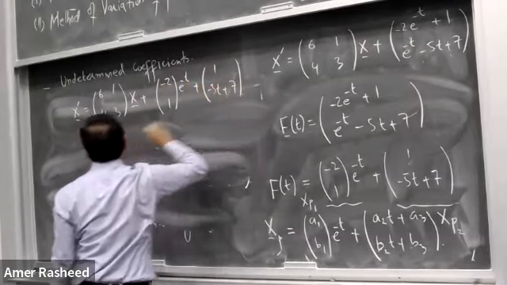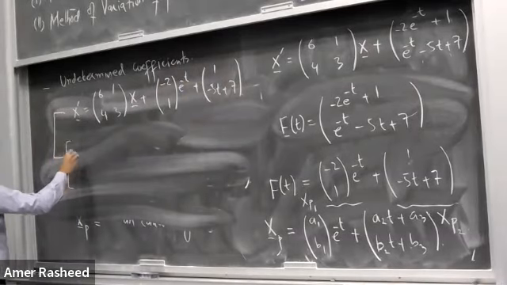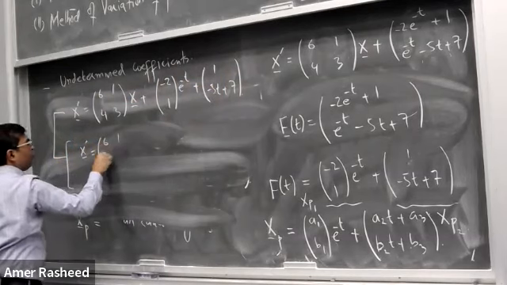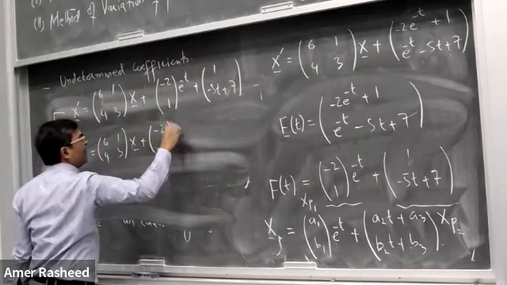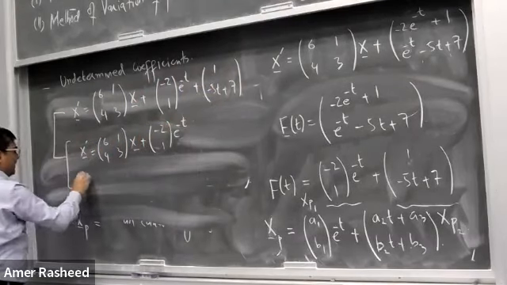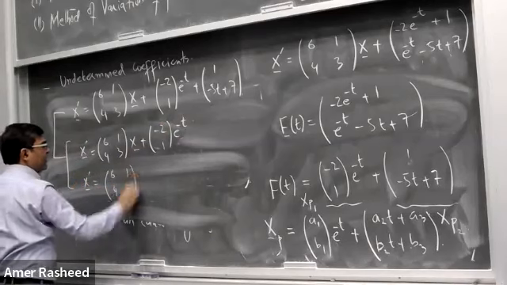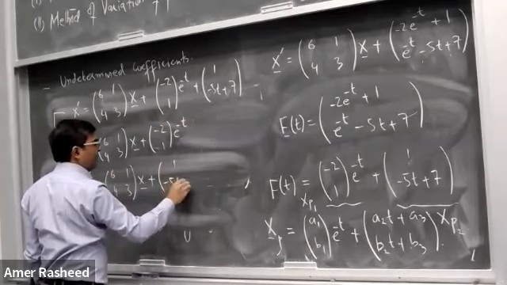So this is your original system. You split it into two systems. X dash equals [6, 1; 4, 3] x plus [-2, 1] e raised to the power minus t, and then another similar system, [6, 1; 4, 3] times x plus [1, -5] t plus 7.